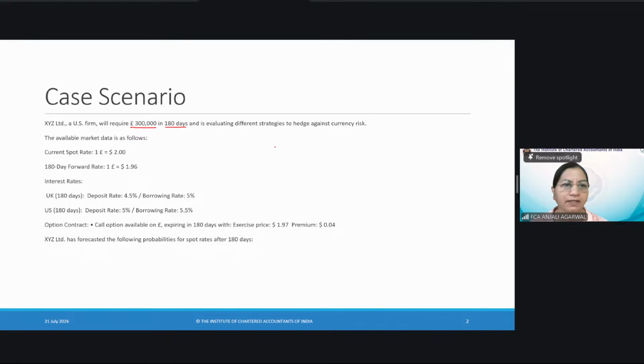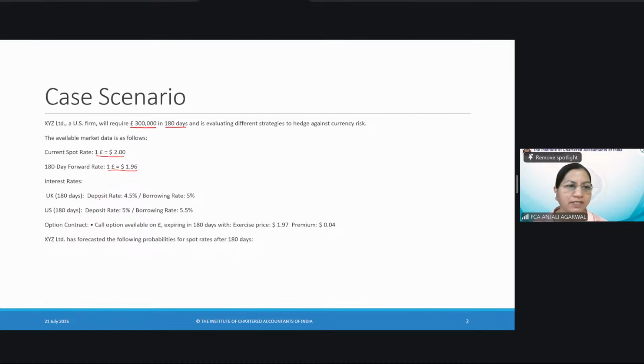The available market data is as follows. The current spot rate for £1 is $2, and the 180-day forward rate for £1 is $1.96. It means that the price of the dollar has come down and the pound is depreciating.